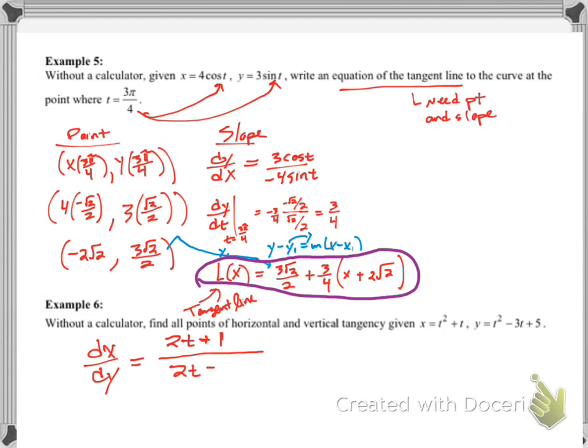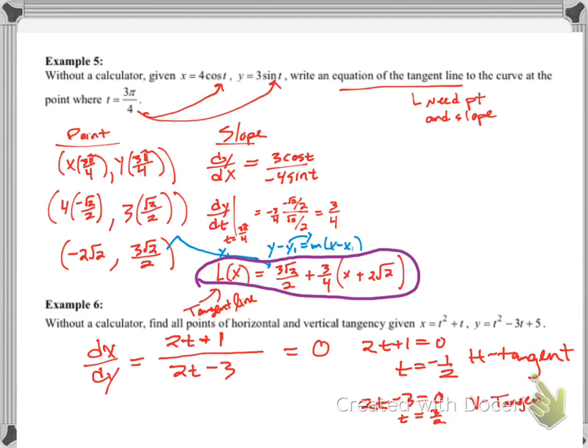So what we'll do is take the derivatives, that's y prime of t and x prime of t. When we want it equal to 0 for the horizontal tangent, all you need to do is set the numerator equal to 0. So that's 2t plus 1 equals 0, t equals negative 1/2. There's our horizontal tangent. Vertical tangent is when the denominator is 0, when you're dividing by 0.